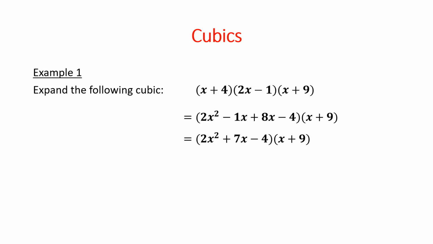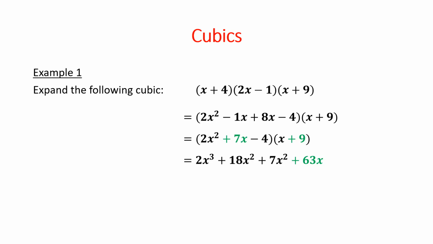Now we're going to start the process of multiplying these 2 brackets together. So here we go. 2x squared times x gives us 2x cubed. 2x squared multiplied by positive 9 gives us positive 18x squared. Plus 7x times x gives us plus 7x squared.